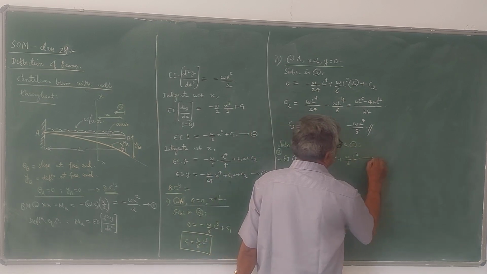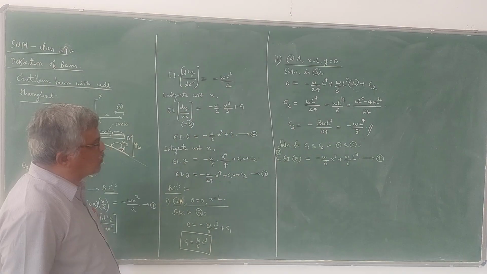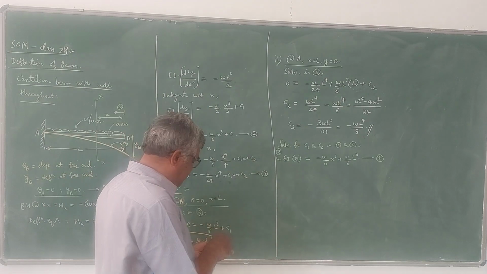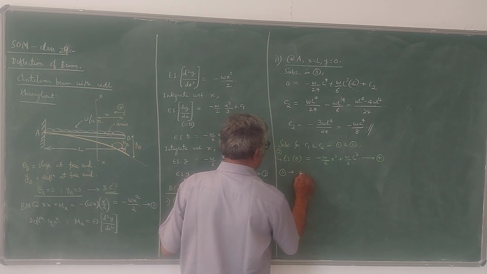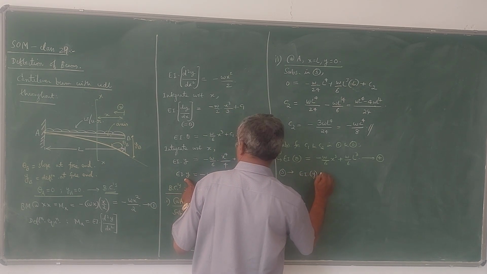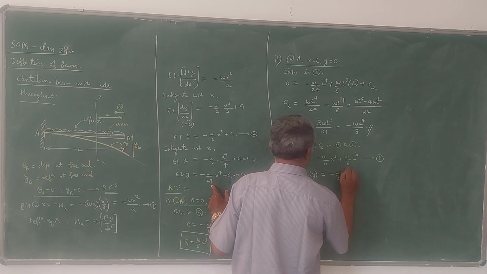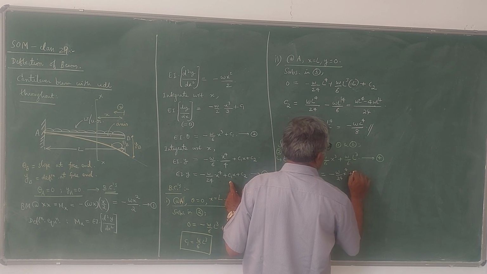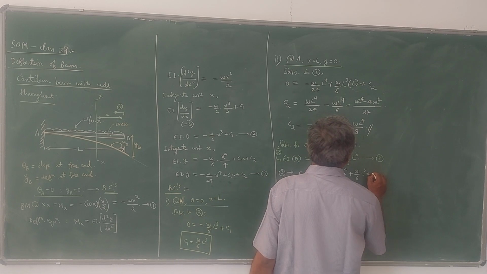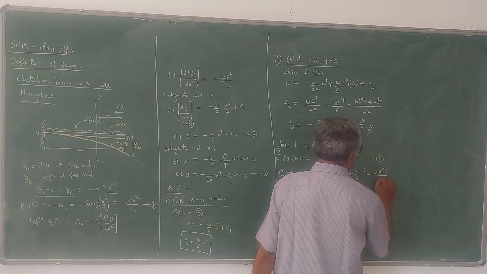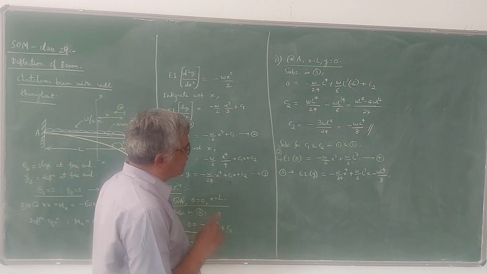So this I will call equation 4. Equation 4 is nothing but equation 2 after substituting for C1 and C2. Then equation 3 becomes EI into Y is equal to minus W by 24 into x power 4 plus C1 x, that is plus W by 6 L cube x, plus C2, that is minus W L power 4 by 8.